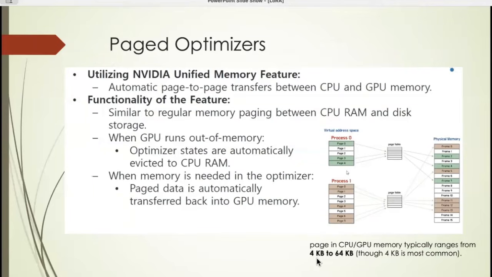For CPU and GPU it's a 4K to 64K memory block. That's how they manage the information in memory, and 4K is the most common one. So basically, they keep the memory blocks that are required for the calculation in the GPU memory, and the ones that are not needed for now or for the next few steps, they save out to the CPU RAM so that they can free up more space for the GPU.